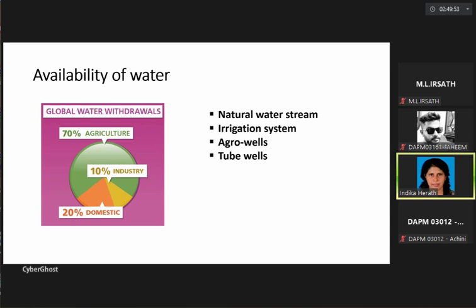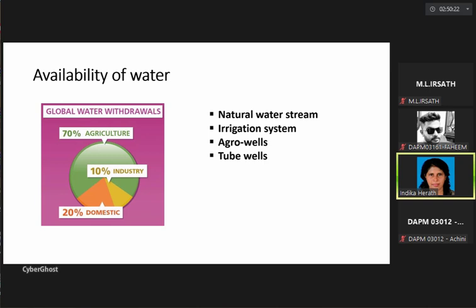Where is available water coming from? Natural water streams, irrigation systems, and also agro wells. Agro wells are large wells that are excavated to supply water for the plants during the dry season.